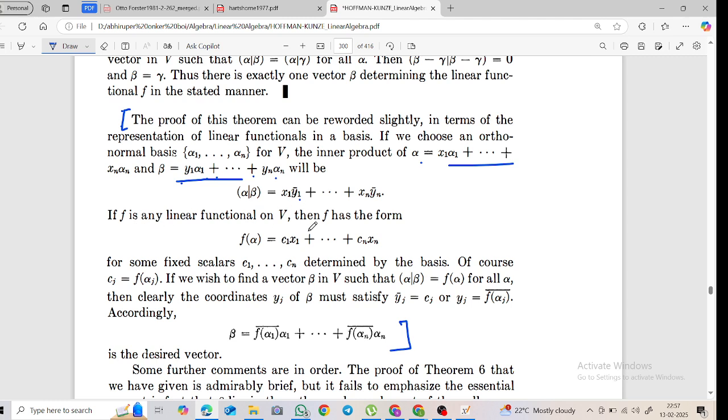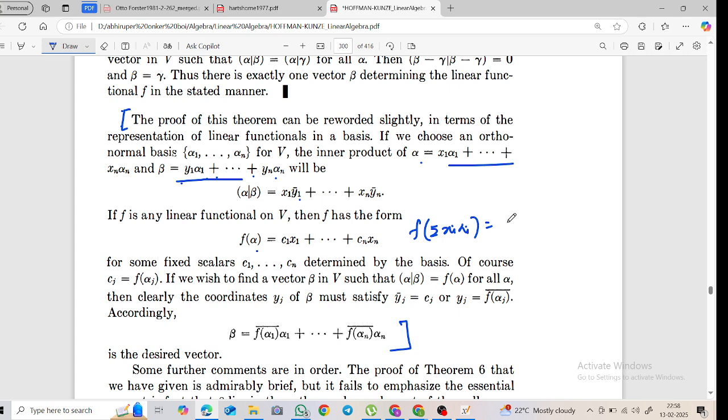If f is any linear functional on V, then f has the form f of alpha on this. You remember, I hope, f of alpha is the summation of xi alpha i.